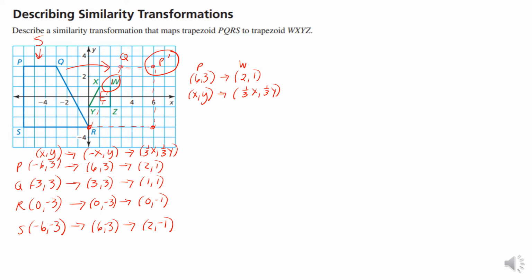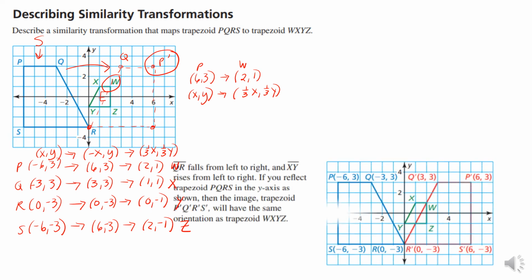Okay, this becomes P corresponds to point W, Q corresponds to point X, S corresponds to point Z, and Y corresponds to point R. So that's a lot easier than trying to figure out this way, but they did the same thing. I just wanted to show you how to do it. Okay?